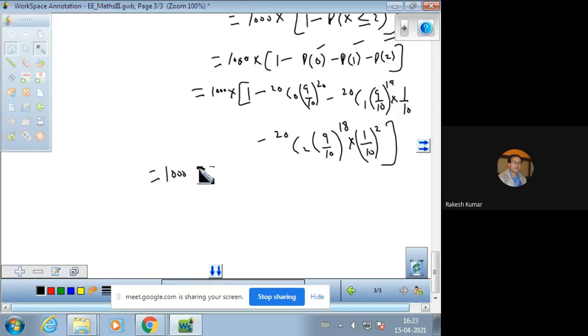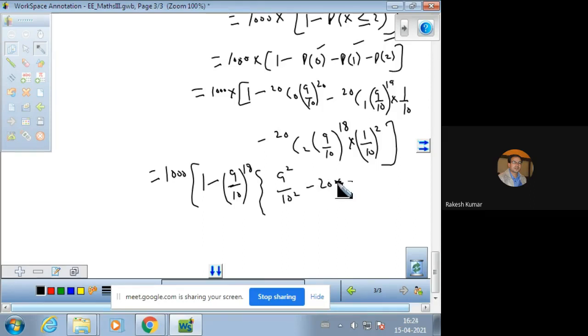So this is 1000 1 minus 20c0 is 1. So 9 over 10 raised to power 20 is there, and the minimum value of 9 over 10 raised to power 18 is there. So it can be taken common, and it will be 9 over 10 raised to power 2.